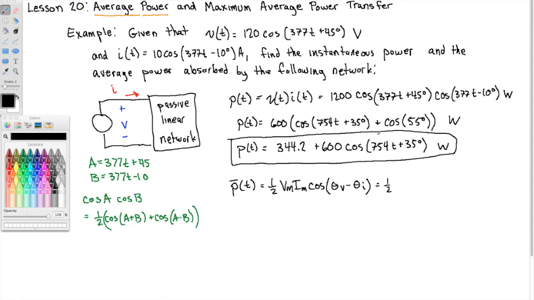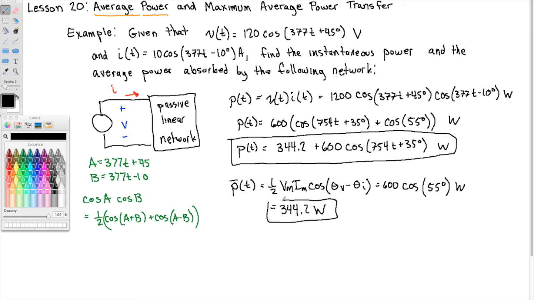When we do the 1/2 of that, this also gives us 600 times the cosine of the difference in angles. The difference in angle is 55 degrees. That's exactly this calculation. Do that on your calculator and you'll get 344.2 watts.